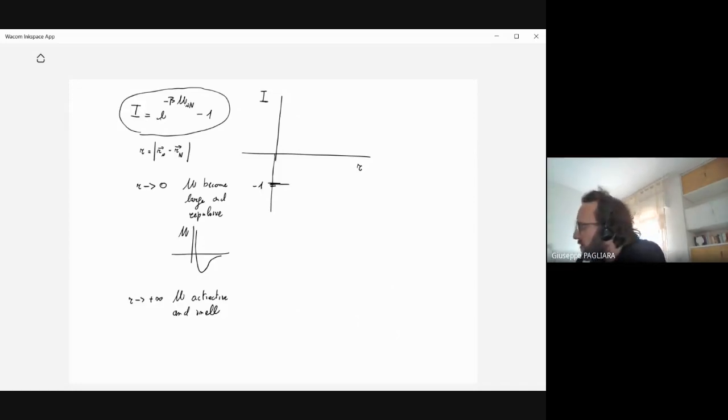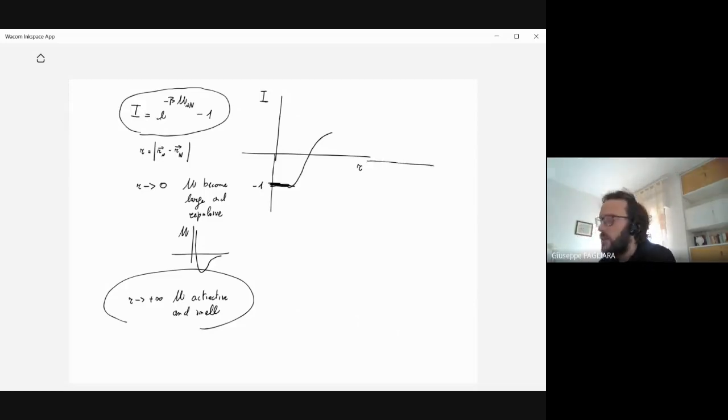So I goes up and will become positive, because the potential is attractive when the distance is large. So this integral will become positive, because the exponential will grow, since u has a negative sign.